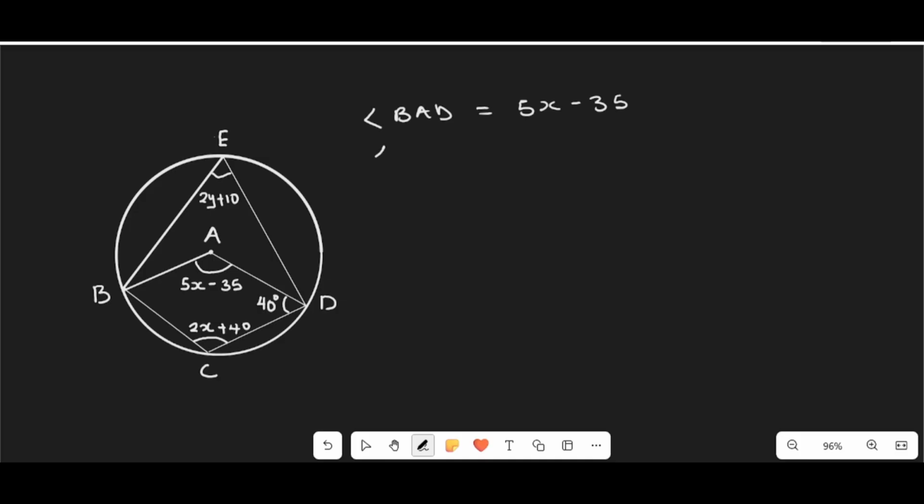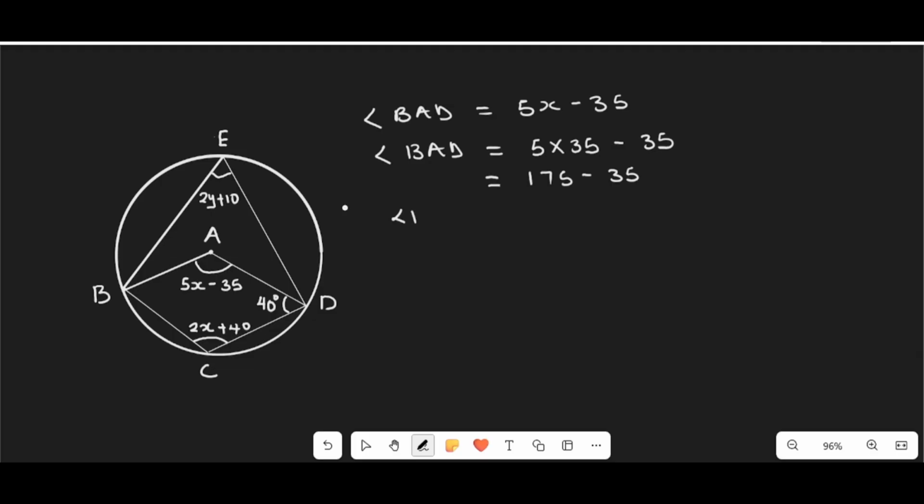So angle BAD equals 5 multiplied by 35 minus 35. 5 multiplied by 35 will give us 175. 175 minus 35.